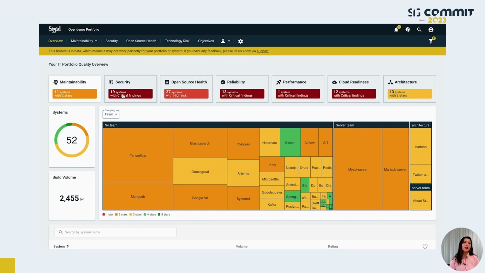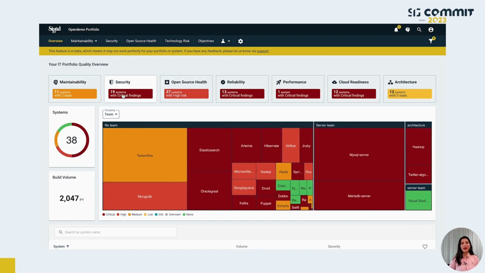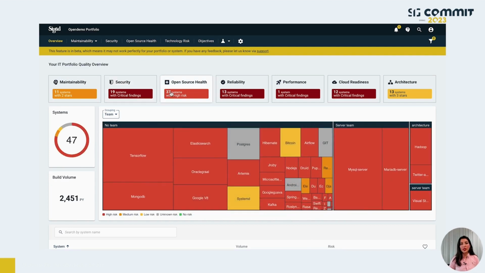At the moment, you see a very deep red, and that is an indication that you might need to make some fixes here. With open source health, you can see that you have 37 systems with high risk findings, and that's what the color indications here mean. At the bottom, you have the tree map where you can see the systems, and on the side, you can see the total number of systems and the build volume.